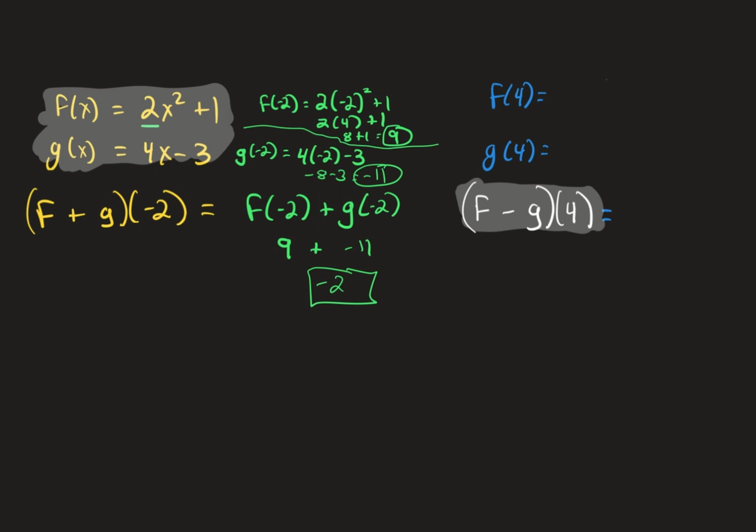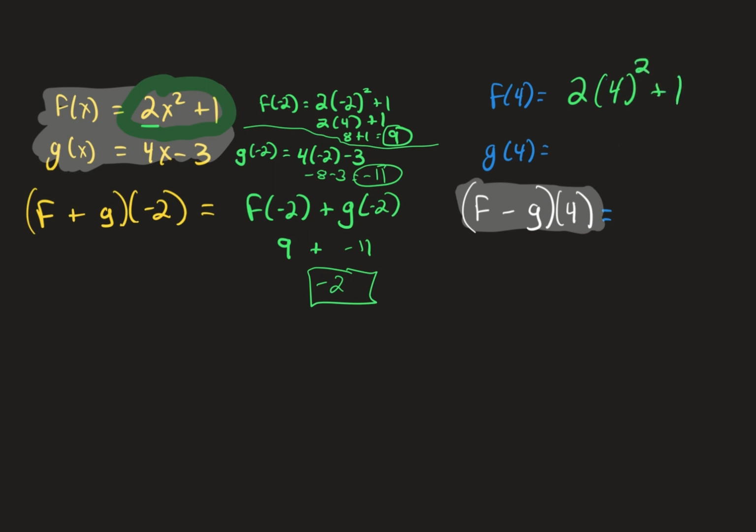All right, let's take a peek. So we're going to find f of 4. I look at my f function, which is 2x squared plus 1. Now I'm going to put the 2 down, and now my x is going to be replaced with 4. We still have to square it, and we still have to add 1.